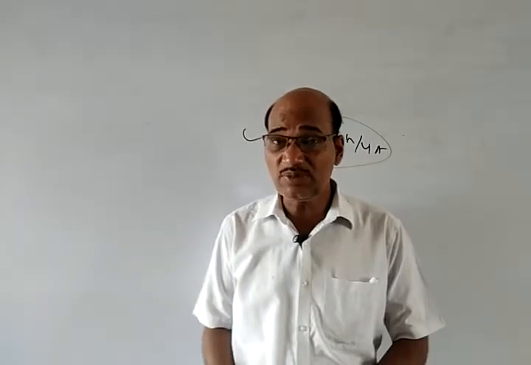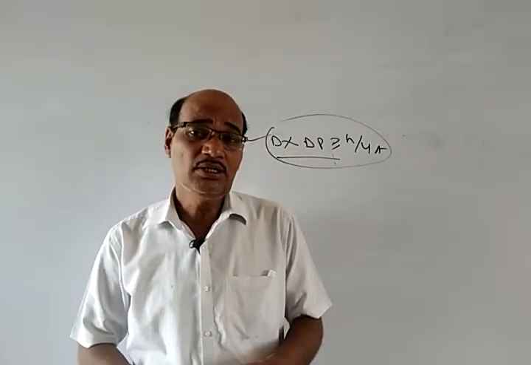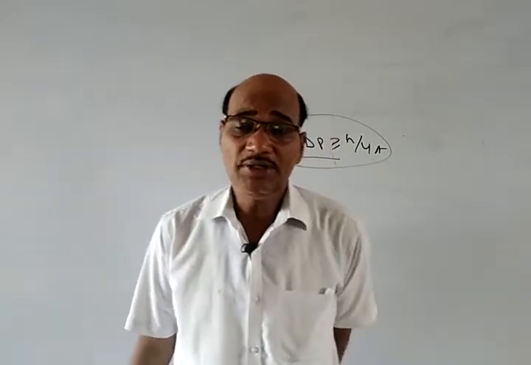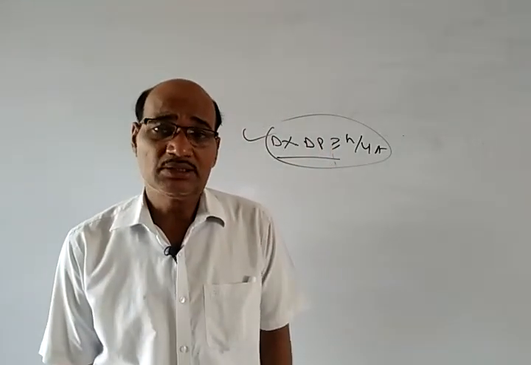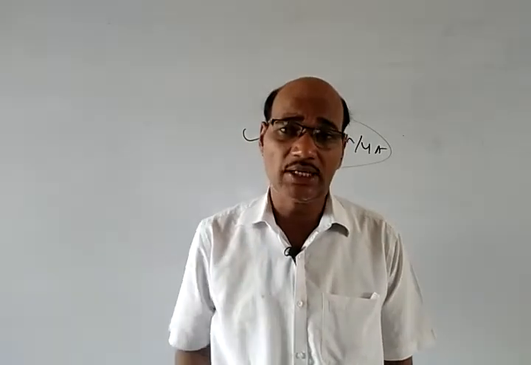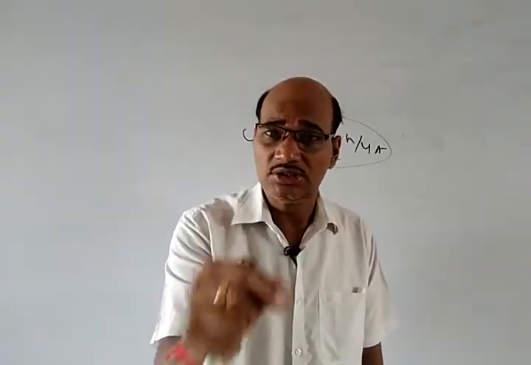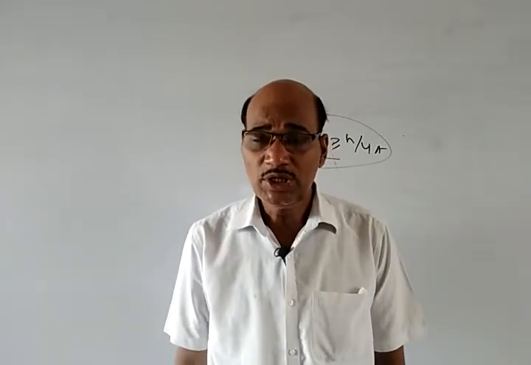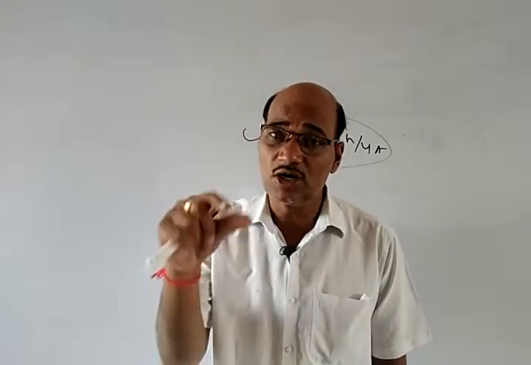From Heisenberg we conclude that because we cannot find the position of an electron with certainty, Bohr's definite orbit has no meaning in the light of Heisenberg's uncertainty principle. From this the concept of orbit and orbital came.